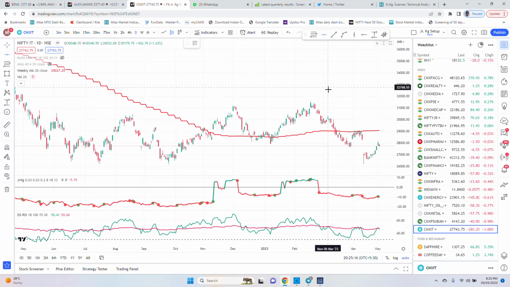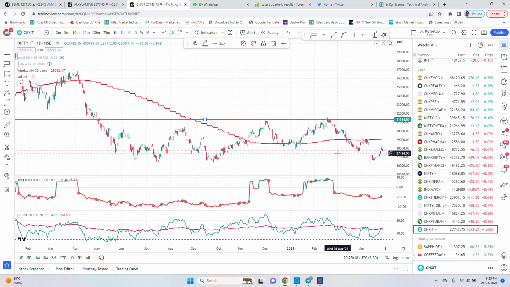Ideally, once it breaks this level of 31,340 or 31,350, that will be the confirmed trend change, as per Dow theory or whatever technical study you use. But right now you will see the same consolidation or stage 1 pattern in a lot of IT stocks. So you can apply the same thing in other stocks also.